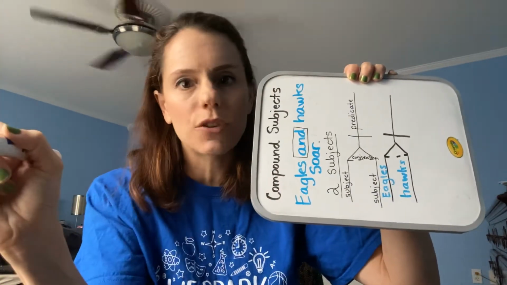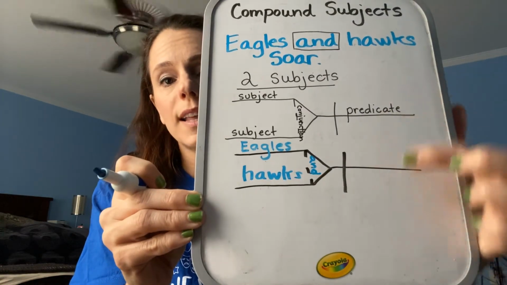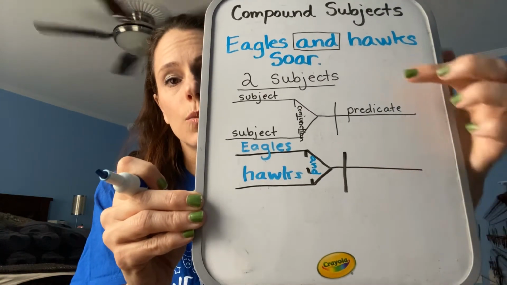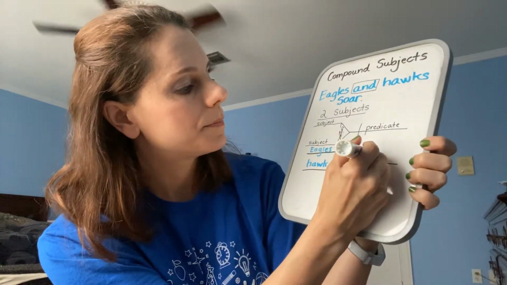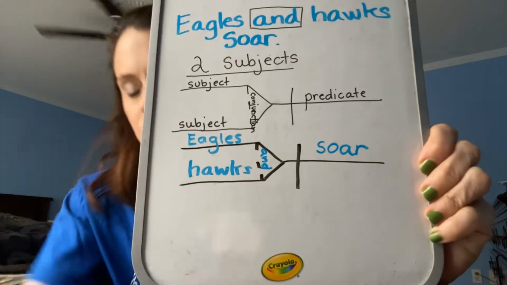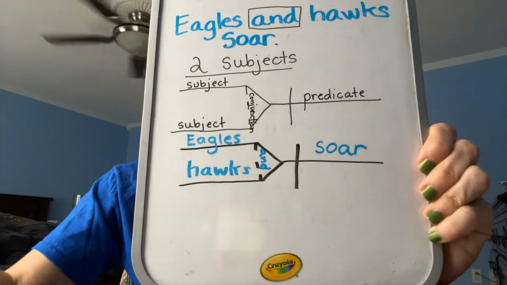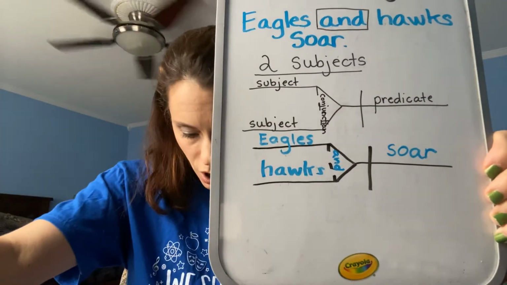It's not a straight line. So we're going to put our conjunction here, which is and. Eagles and hawks. And then the predicate goes at the end of the sentence. What's the predicate? It's the verb. What's the verb? It's soar. Okay? So there is your diagram for your compound subject. Eagles and hawks soar.